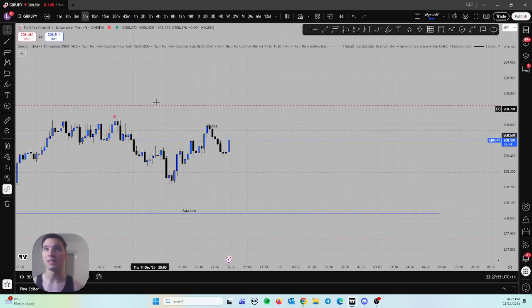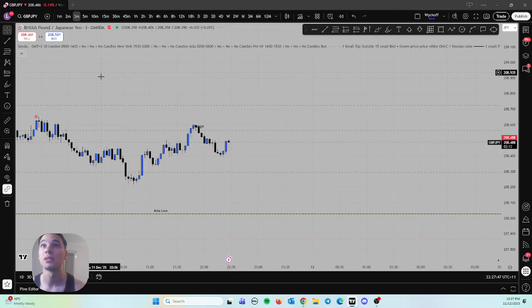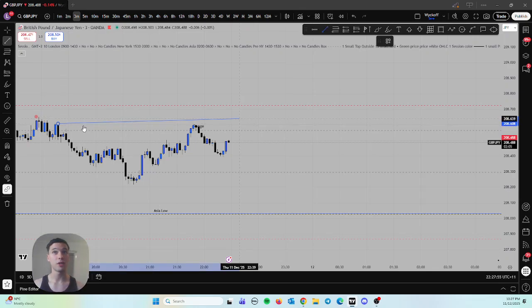Guys, I love this stuff. Yeah, that looks like extreme liquidity to me. It really does. That's extreme liquidity, guys. As of yet, price hasn't swept it, so it's still there, and I think it could.